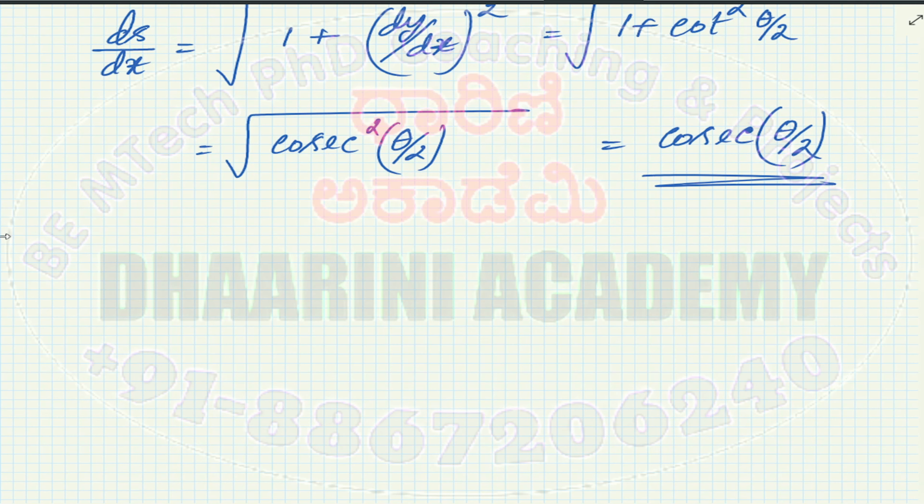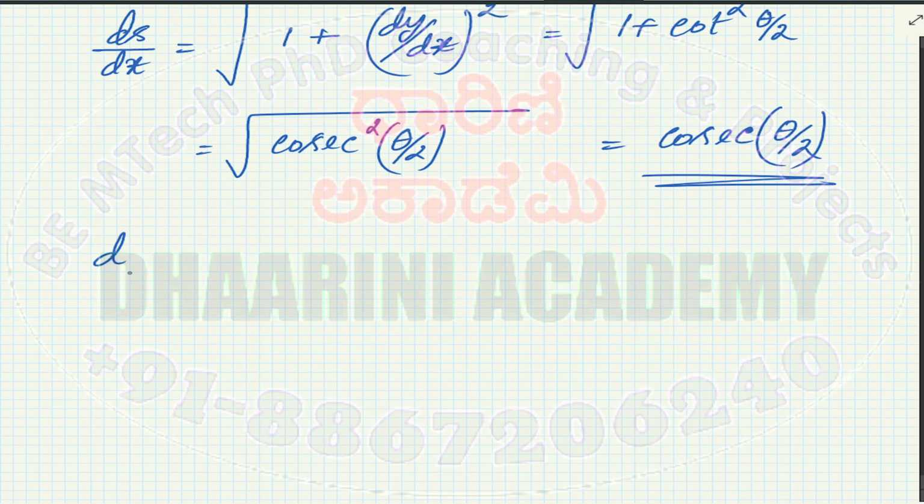Okay, similar to this I need the next answer, that is ds by dy. If you want to calculate ds divided by dy, the equation will slightly get modified as square root of 1 plus dx by dy the whole square.